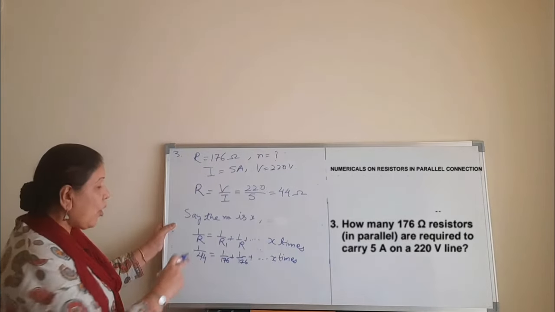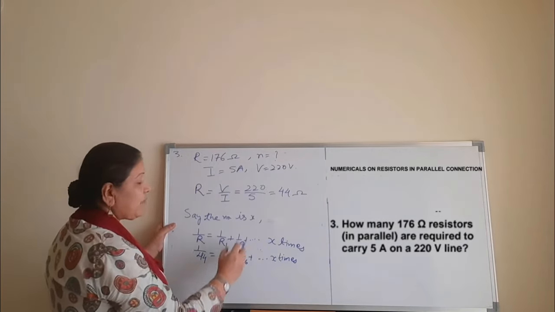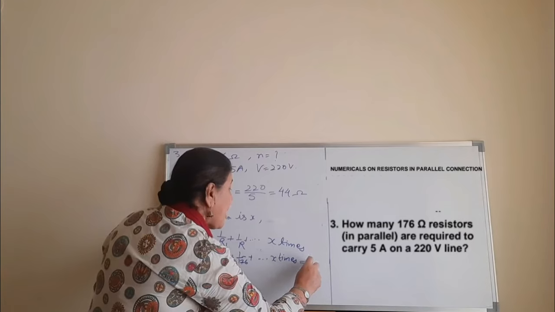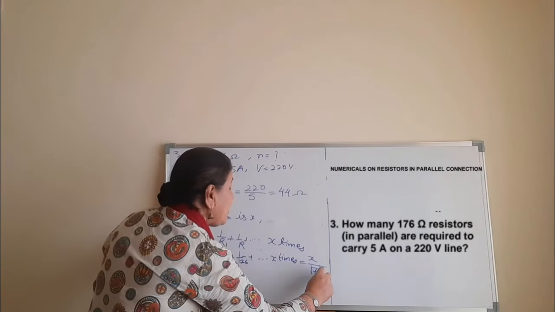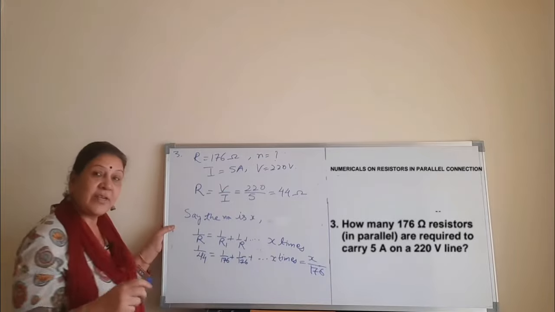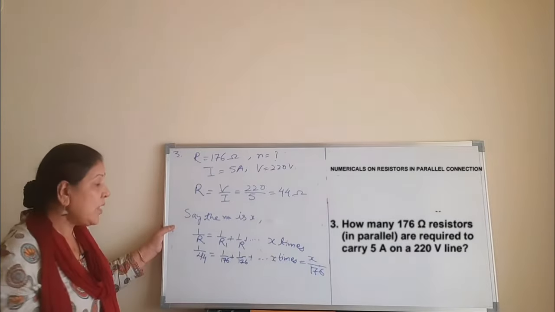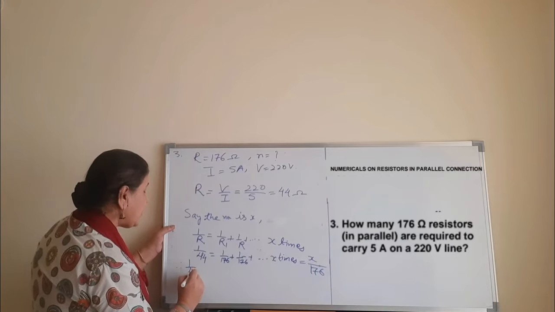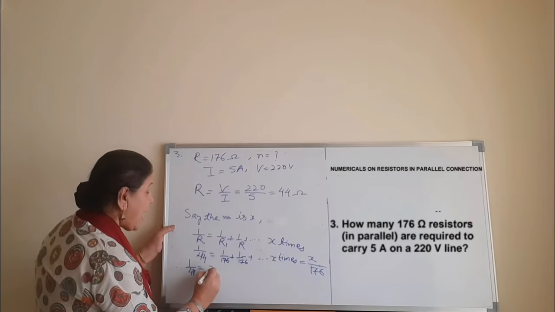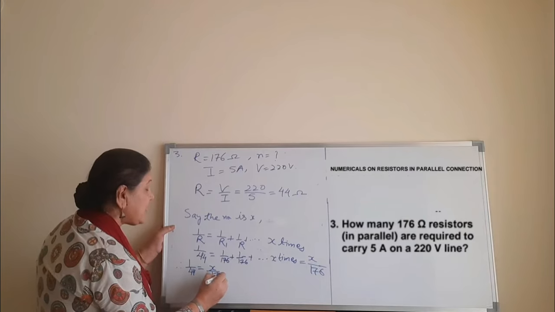I can also write it as 1 plus 1 plus 1, so it will be equal to X upon 176, because 1 upon 176 will be X number of times. Therefore 1 upon 44 is equal to X upon 176.